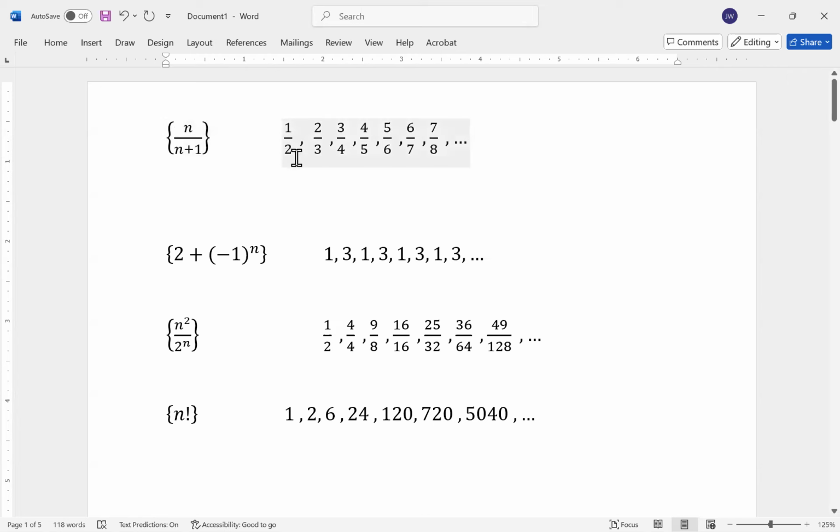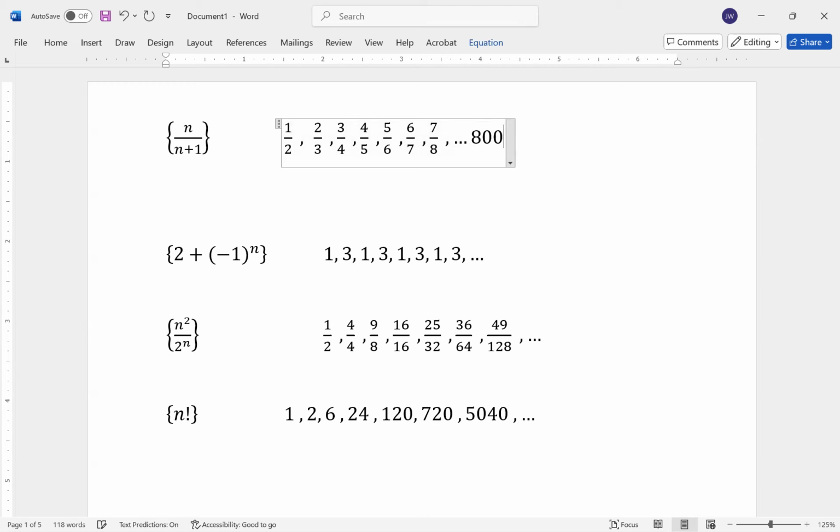That gives us these 7 terms. And you might be able to see that as n grows, each of these terms is getting closer and closer and closer to the number 1. Imagine that we plugged in the number 800.